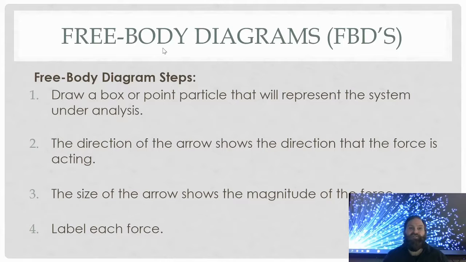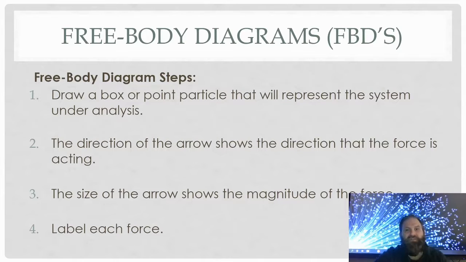So some steps to draw a free body diagram. What you do is you draw a box or a point that's going to represent the system under analysis. I usually like to use a box, but you can also just draw a point. Then you're going to draw direction arrows of all the different forces acting on the box.